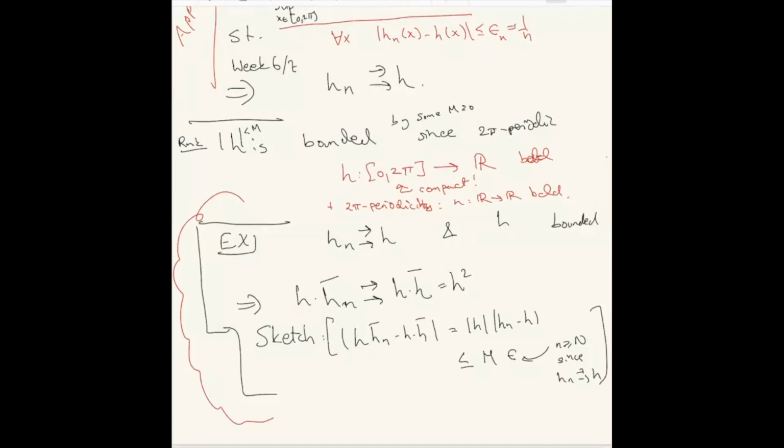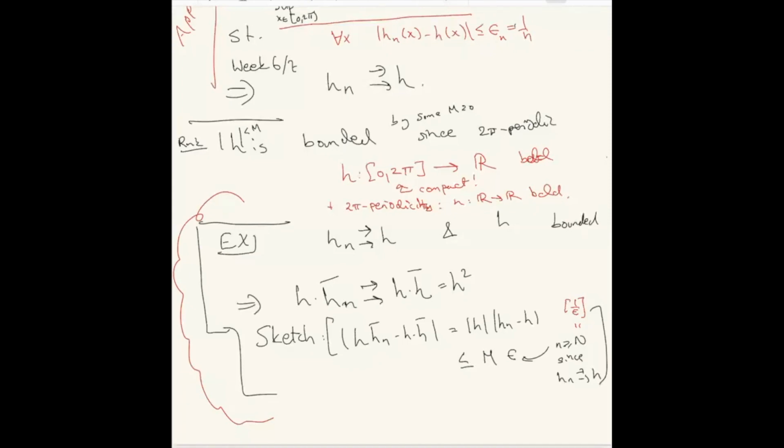A sketch of that is that, by what we just said in this remark, h is bounded. So since we can make the difference hn minus h less than epsilon by choosing n equal to, say, the ceiling of 1 over epsilon, and we can make h less than m, then we are less than m times epsilon.